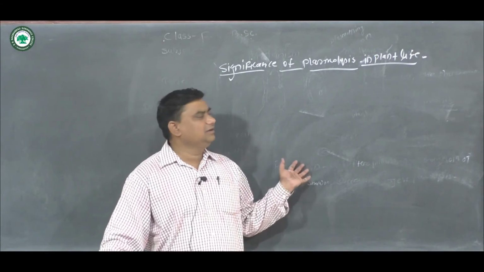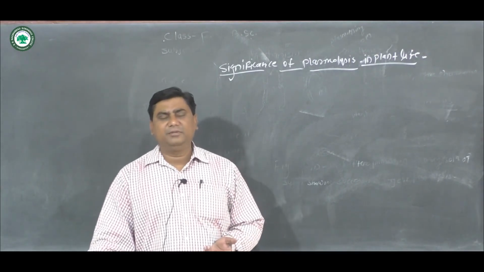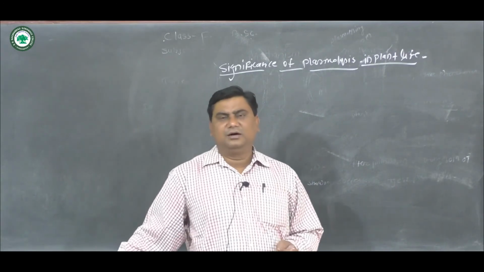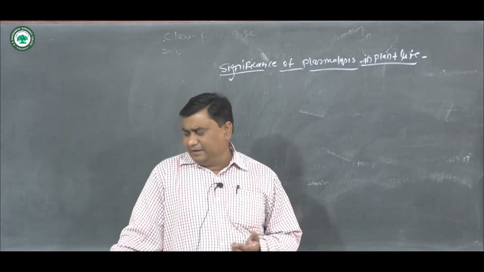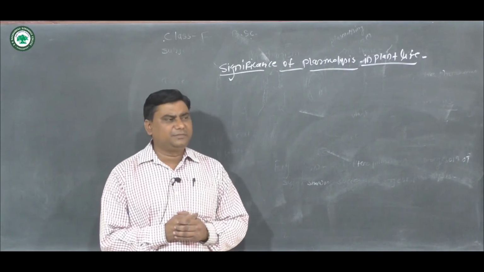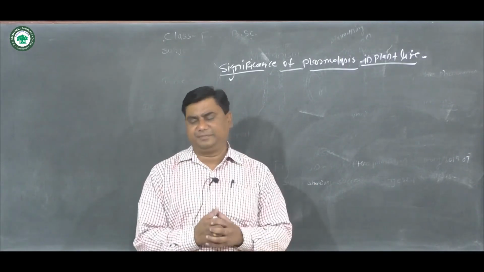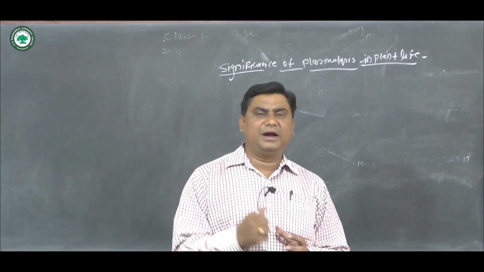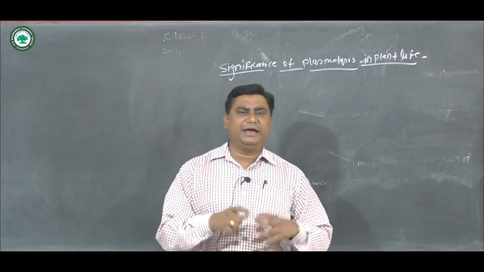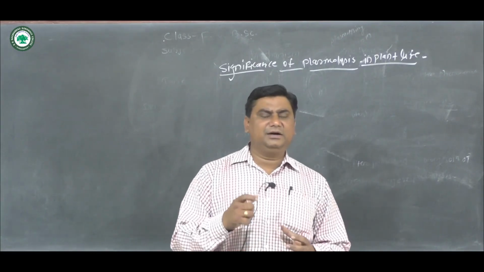Another significance is that the rate of spontaneous deplasmolysis is a measure of the permeability of the cell to the solute. Another significance is that the process of deplasmolysis is useful for regaining the original shape and size by a wilted plant organ.